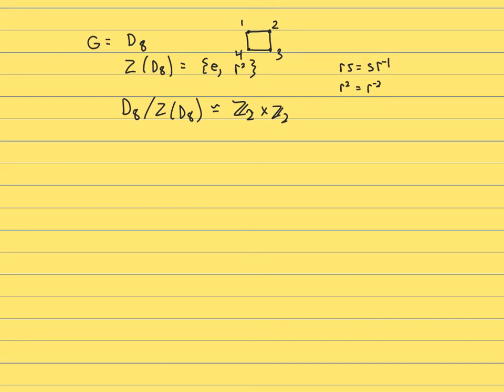What is the center here? Well, it's everything. So in this case, we get this is our upper central series, and the nilpotency class is 2.